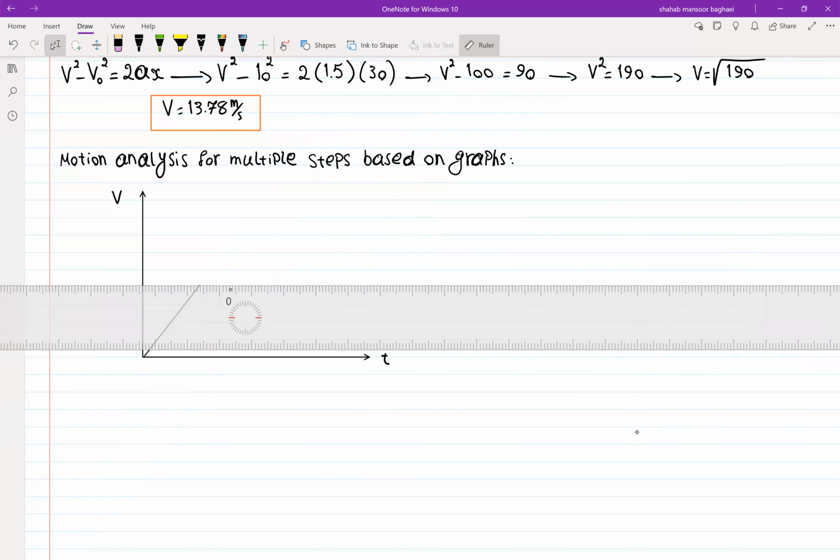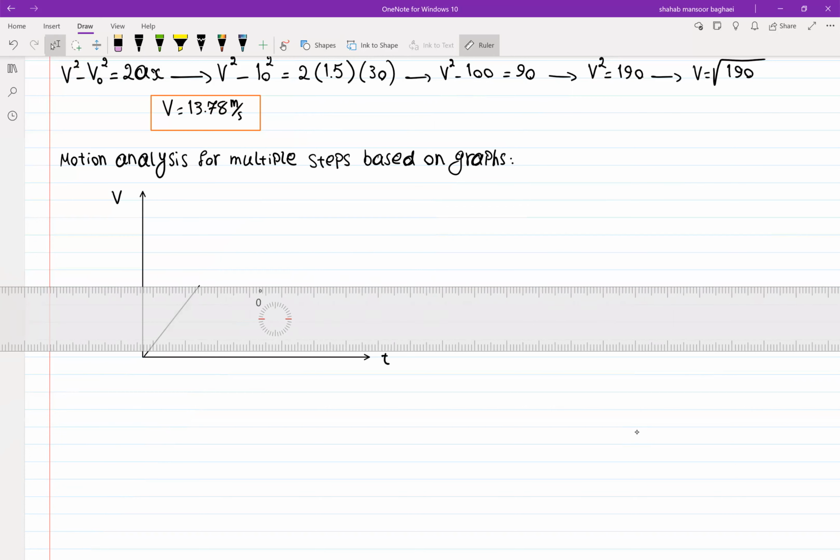Next step, for example, you have a horizontal line.